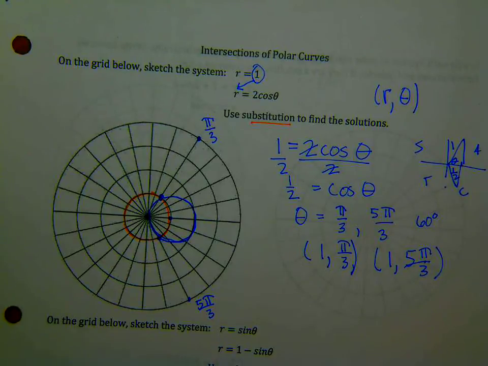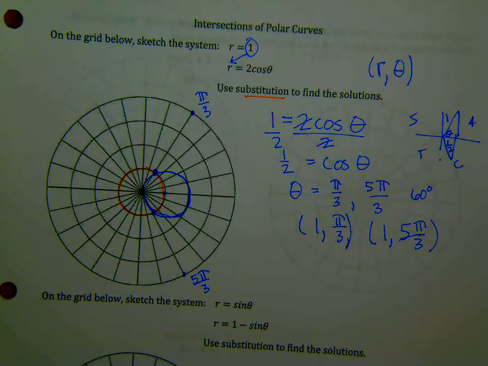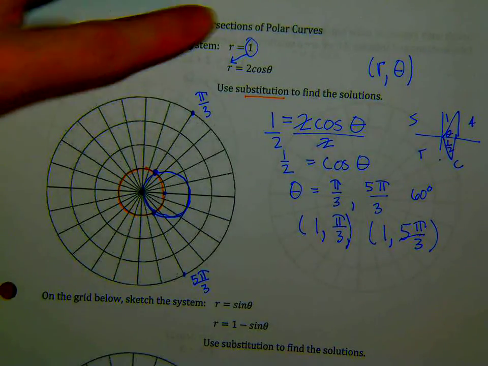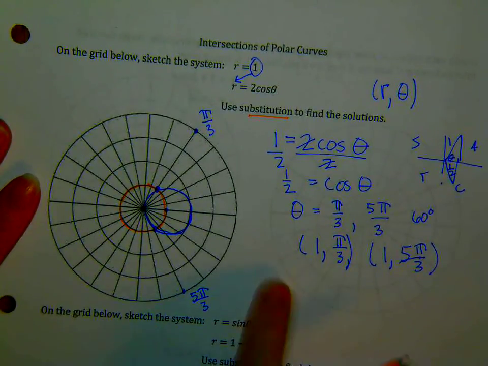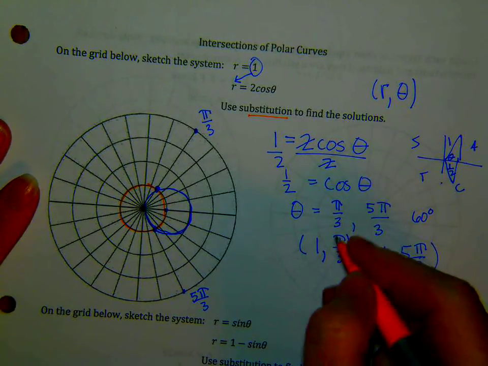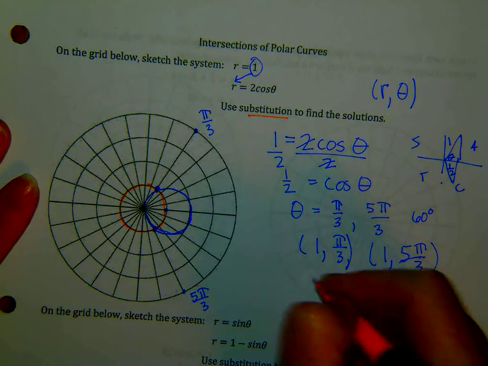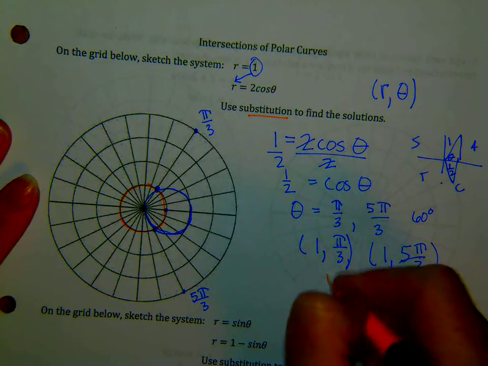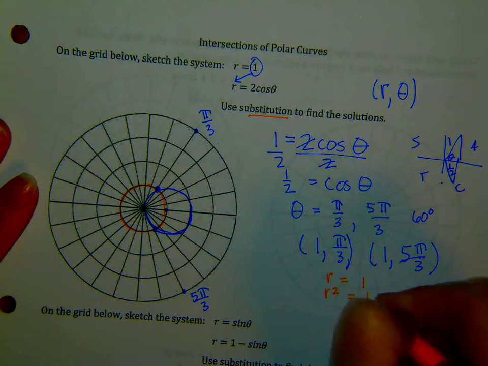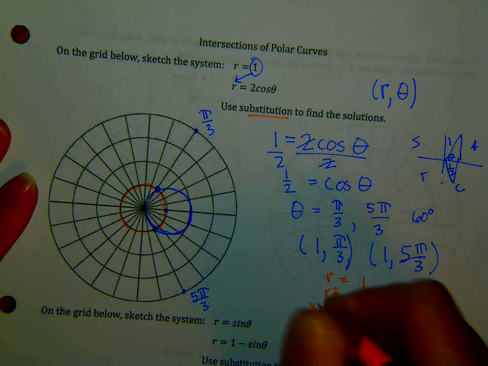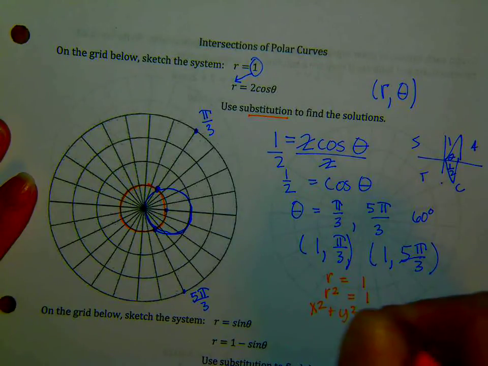Now there's one other way I could do this. I could turn these equations into rectangular equations. r equals 1. If I square both sides, r squared equals 1. This becomes x squared plus y squared equals 1.